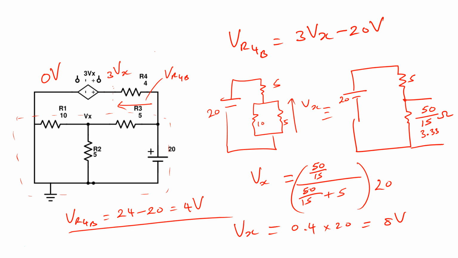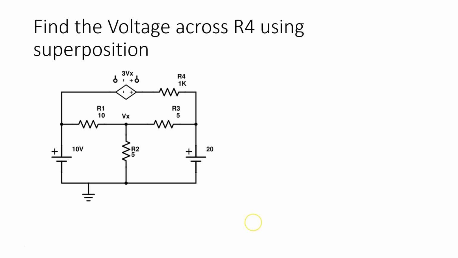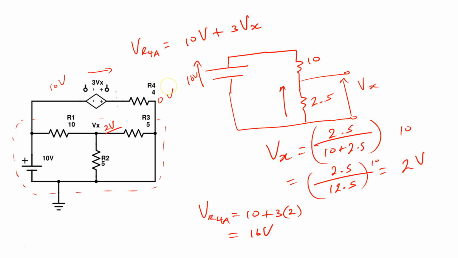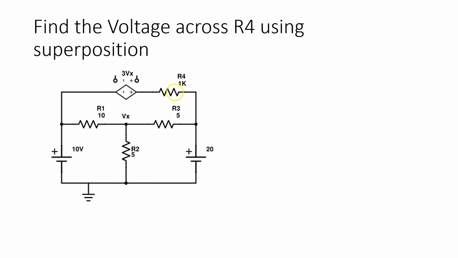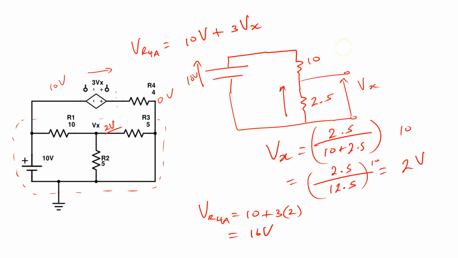So now we have to find VR4. We took VR4 in this direction, going left. So VR4 is equal to the values of VR4A and VR4B, with their directions. VR4A is 10 plus 3 by 2, which is 16 volts, in this direction.